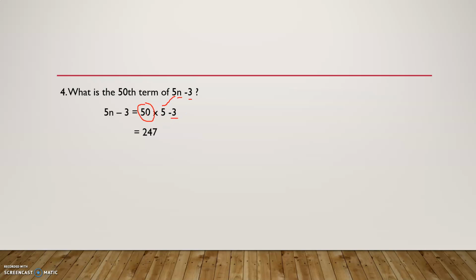So if we simplify, that'll be 50 times 5, 250, minus 3. So our answer would be 247. And so that's how we can work out any terms. Now, if we know the nth term, then we can work out the 50th or whatever term we are trying to work out, so we can work it out easily. That's no problem.